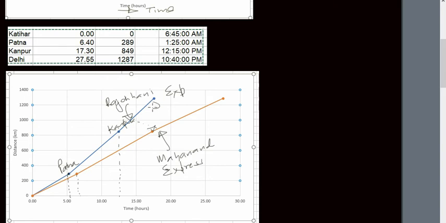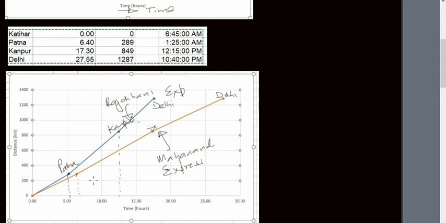And this is Delhi. And this is Delhi. So you see, the blue line is for Rajdhani Express, and the orange line is for Mahananda Express. And you see that this line is a little closer to the time axis than Rajdhani Express. So Rajdhani Express is more steep compared to Mahananda Express.